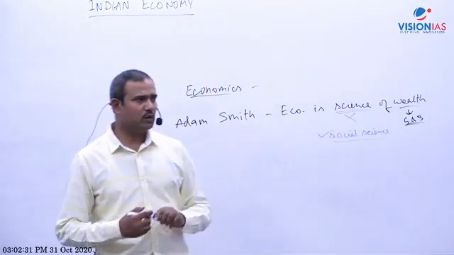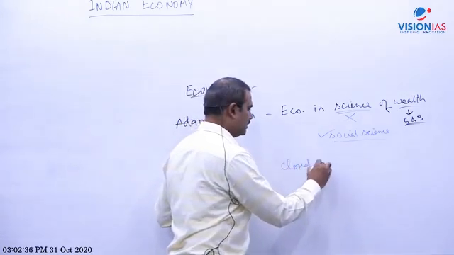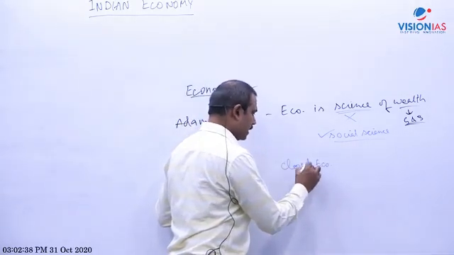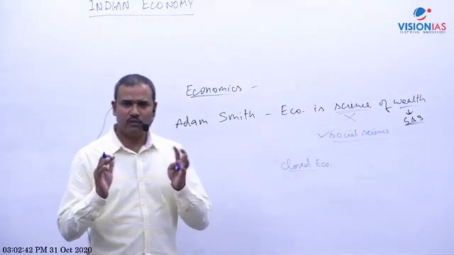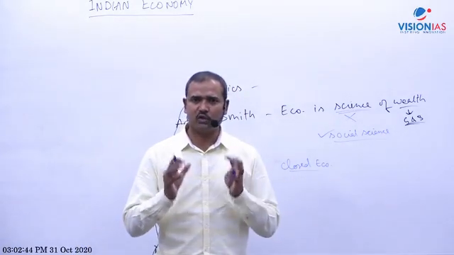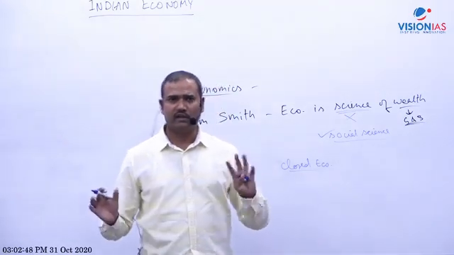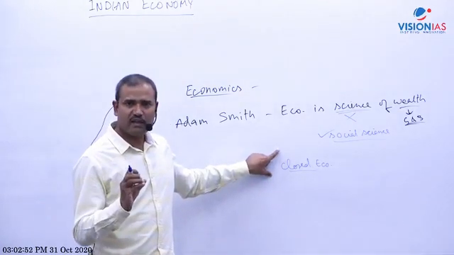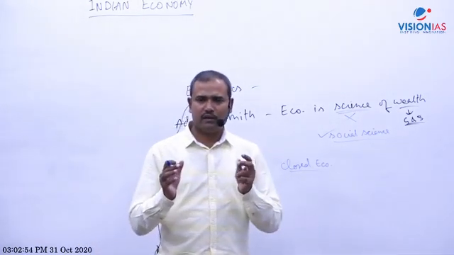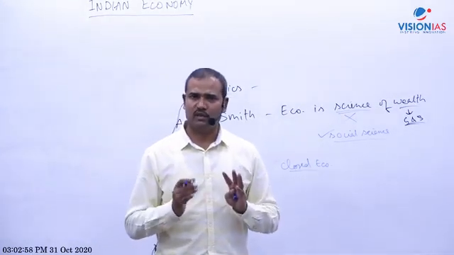You might have heard of a closed economy. What is a closed economy? If you see the definition of closed economy, it is written that it is an economy which does not have any economic relation with the rest of the world. No import, no export, no trade, nothing. That is called a closed economy. Clear? Theoretically. But practically, if a country has less trade, less investment, still that may be called a closed economy. Got the point?